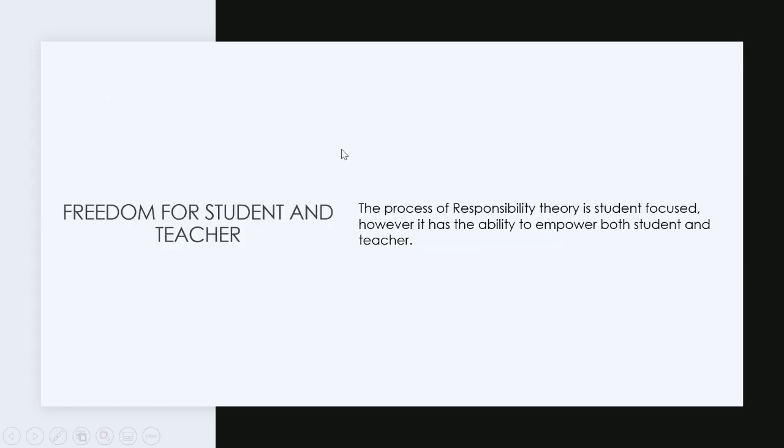So again, I think this really promotes freedom from both the perspective of the student and the teacher. The process of responsibility theory is student focused, however, it empowers the student and the teacher. I feel like it empowers the teacher from a perspective of ensuring that you're modeling what you are trying to implement in the classroom.